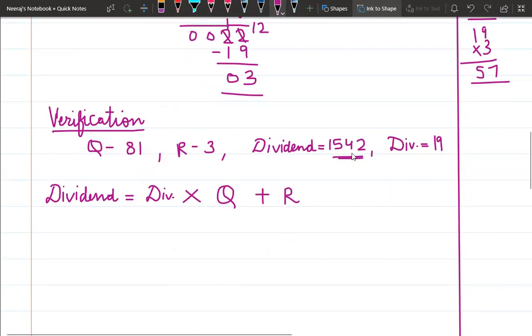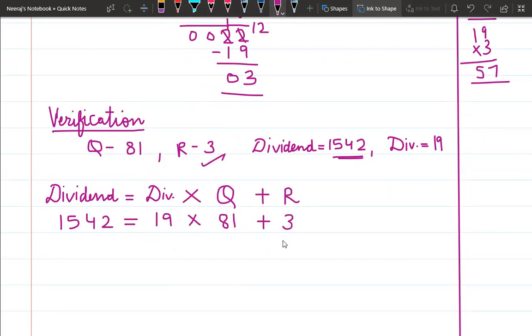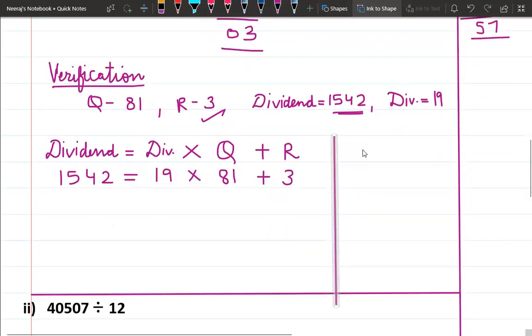Just write down the value of the dividend below the word dividend. It is 1542. Now I will write divisor. Divisor is 19. And what is the quotient? Quotient is 81. And what is remainder? So I have used up all the values. Just draw a line over here so that you can multiply.